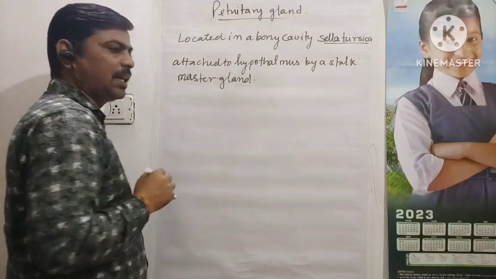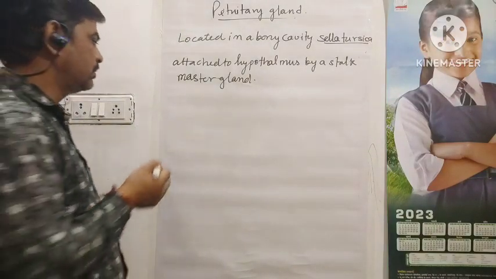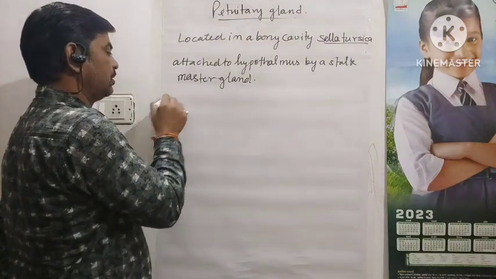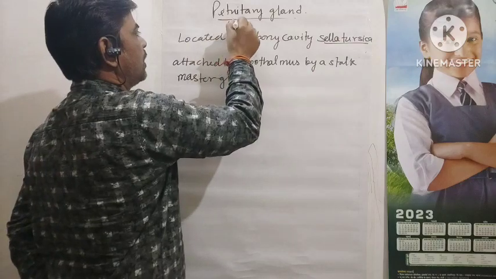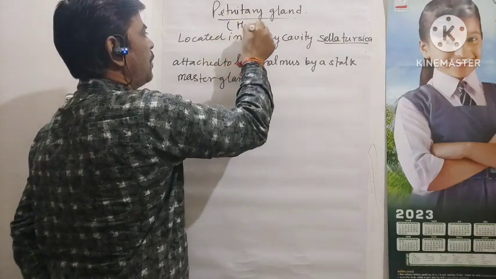This pituitary gland has two parts. It is also known as the hypophysis.